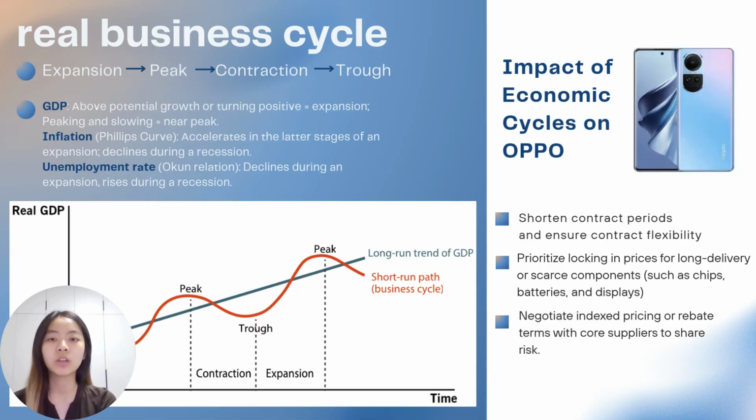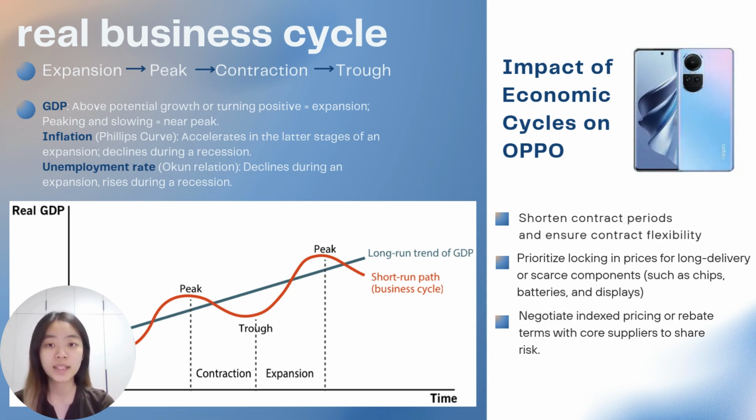But when the economy starts to recover and people begin buying more, that's our signal to lock in prices earlier for key long lead items like chips, batteries, and displays, to make sure our supply stays stable and the delivery times are under control.